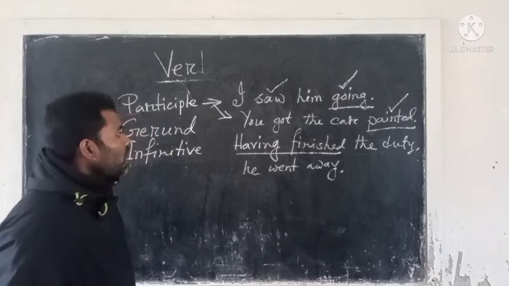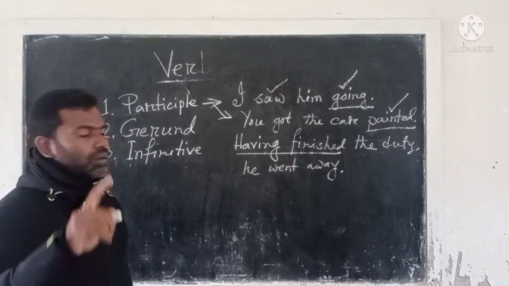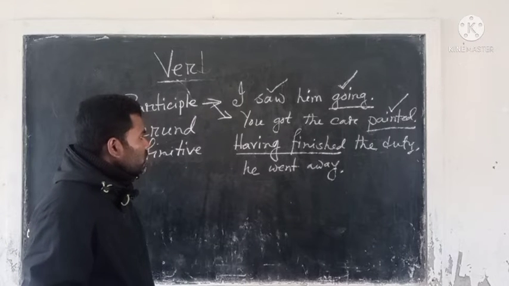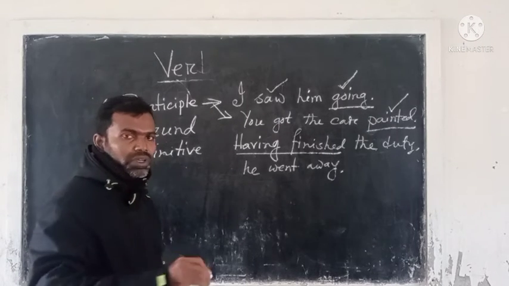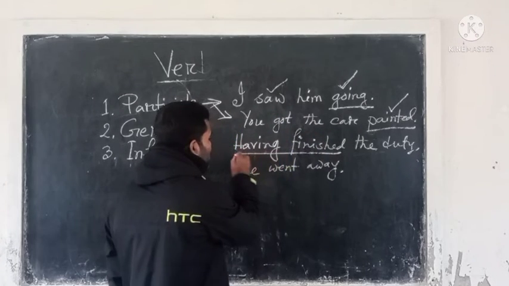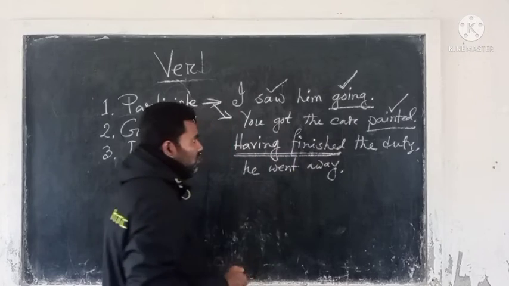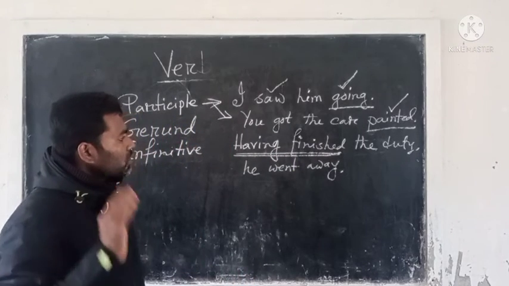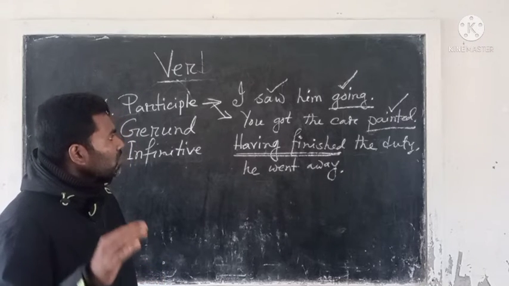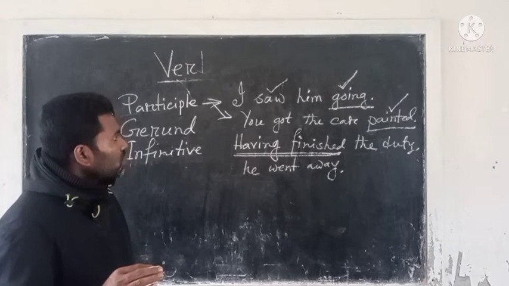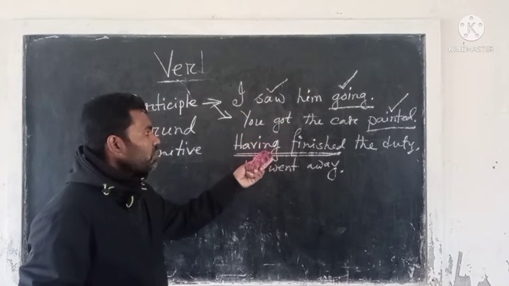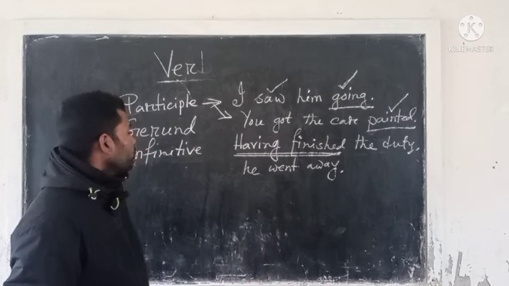This verb is called perfect participle. That means after have verb, if we see past participle form of a verb, it is called perfect participle. So there are three types of participle: present, past, and perfect.